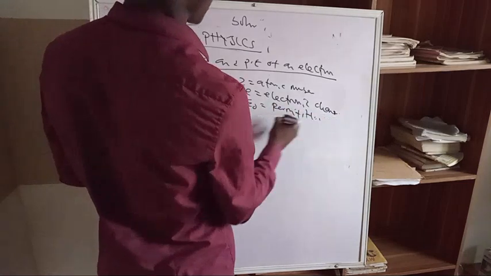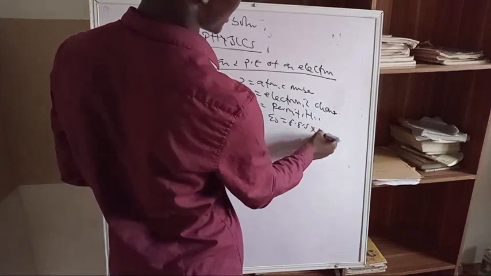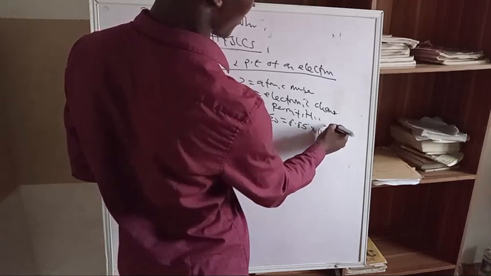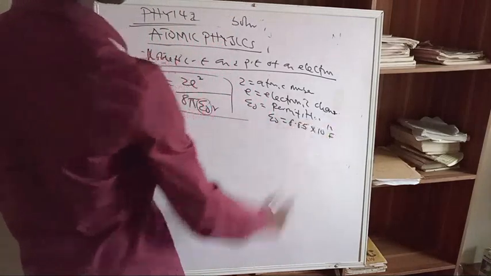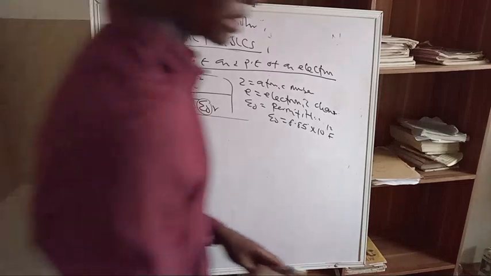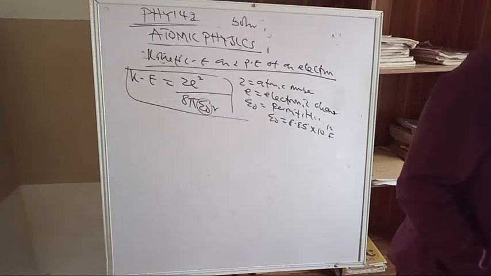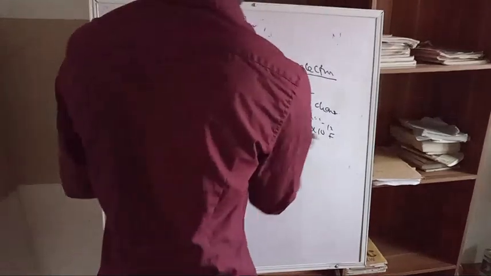Epsilon naught is equivalent to 8.85 multiplied by 10 raised to power minus 12 farad. Let me check that for you. Epsilon naught, yes, 8.85 times 10 raised to power minus 12 farad. That is the permittivity, anywhere you see it.